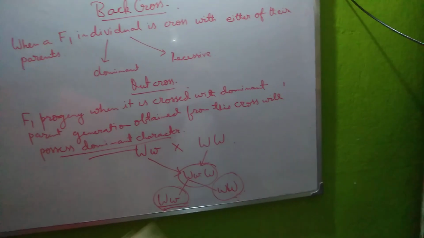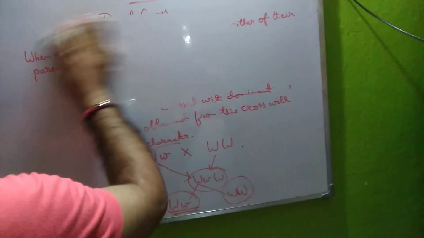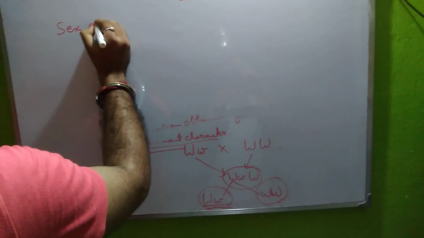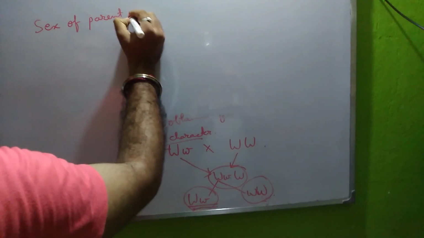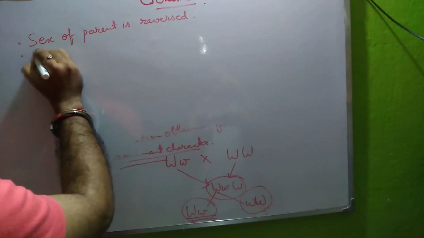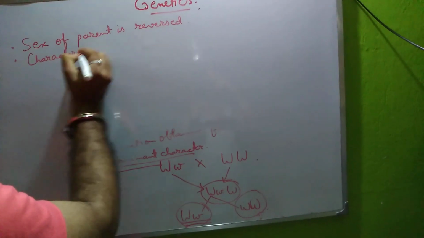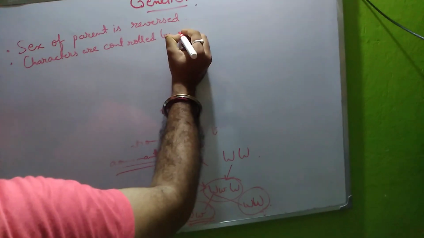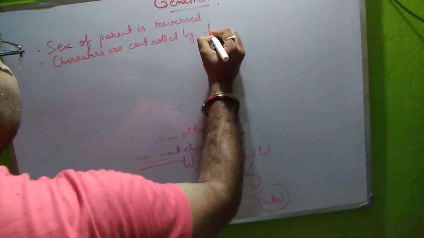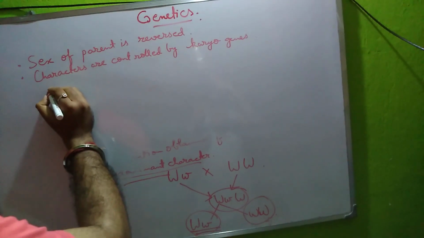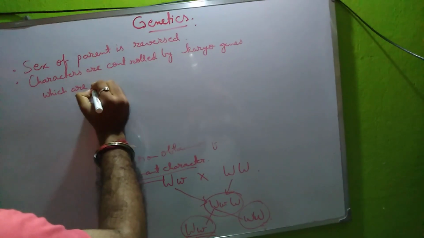That is 1:1. Now the next thing is the most important thing, that is reciprocal cross. What is reciprocal cross? The sex of the parent is reversed. Characters controlled by karyogenes, I will be coming to that, are not affected.